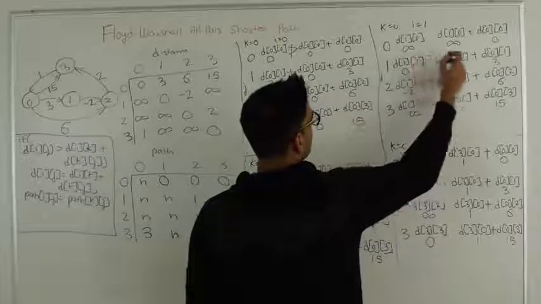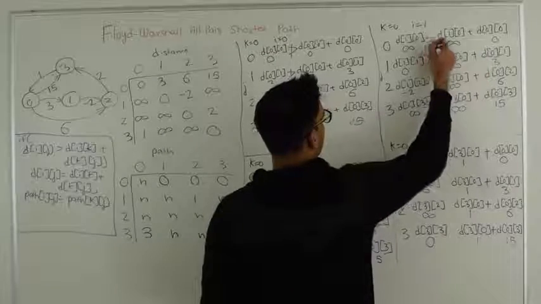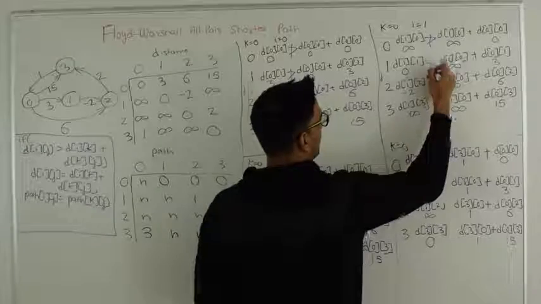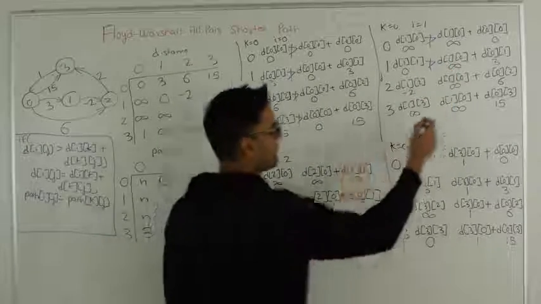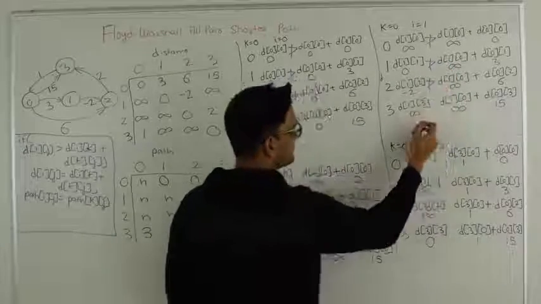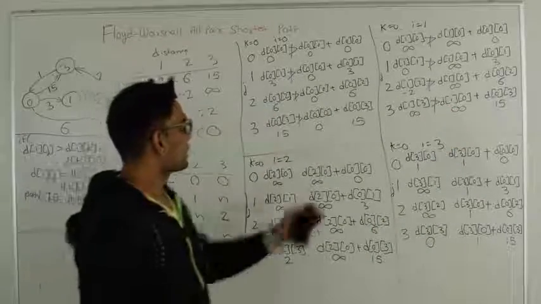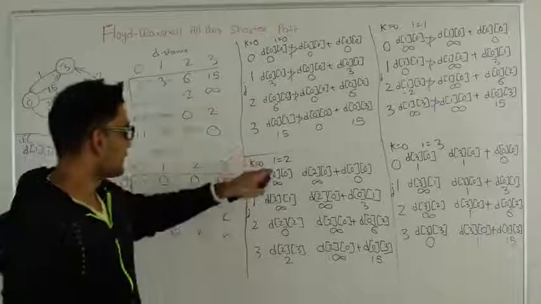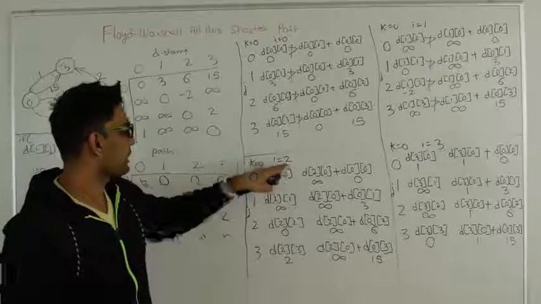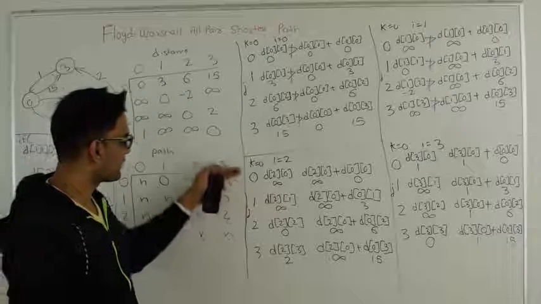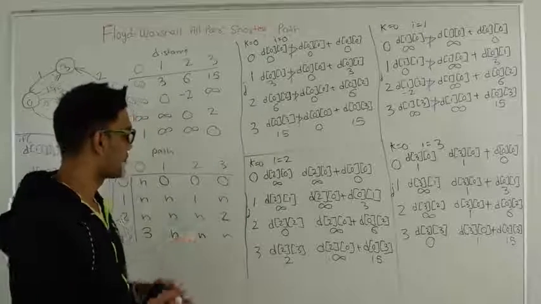So is infinity greater than infinity plus 0? It's not. Is 0 greater than infinity plus 3? It's not. Is minus 2 greater than infinity plus 6? It's not. Is infinity greater than infinity plus 15? It's not. So now again we increment our i by 1 more, so i becomes 2, k continues to be 0, and again we are going to set our j from 0 to 3.